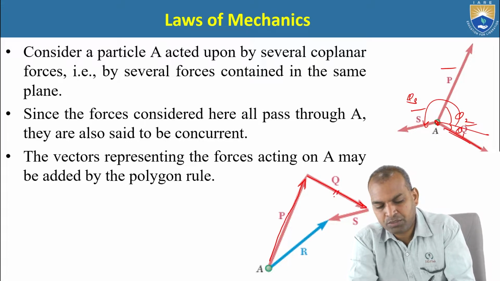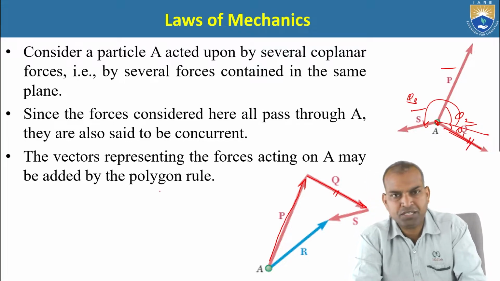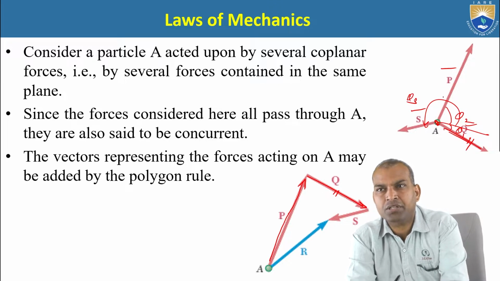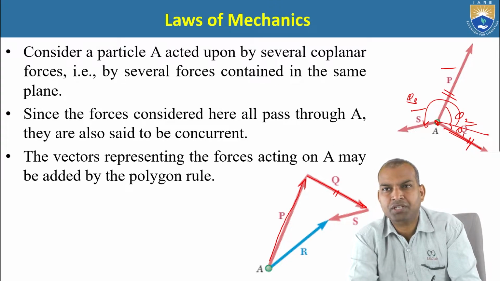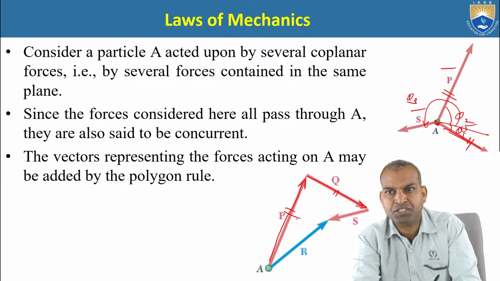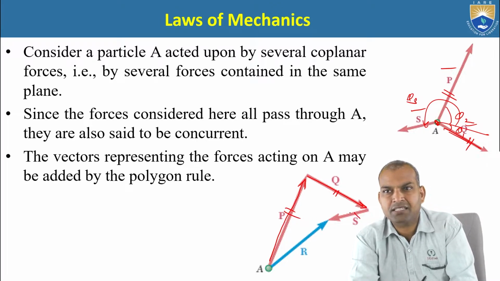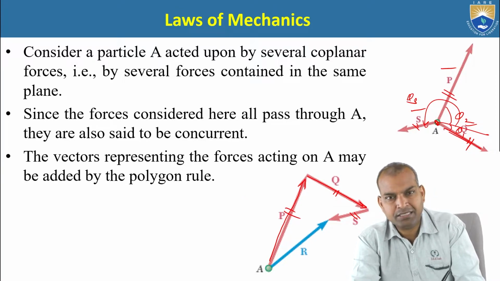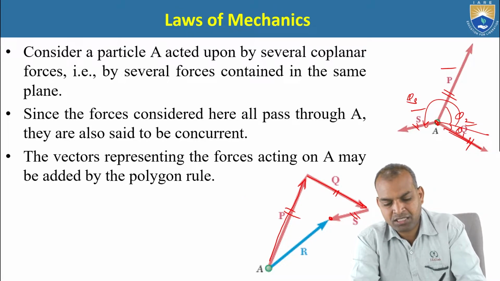The vector Q is parallel to the Q which is mentioned here. The direction of P is the same as the direction here, with the same magnitude and direction. And S is also the same as S. After joining these, there is a closing side.